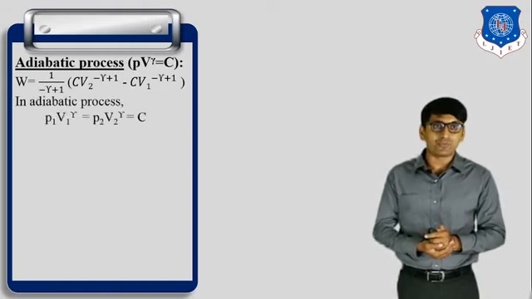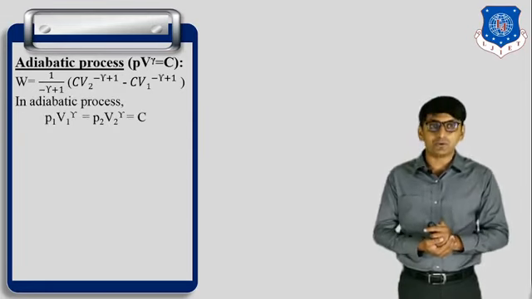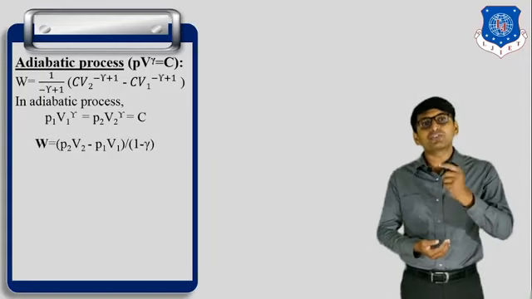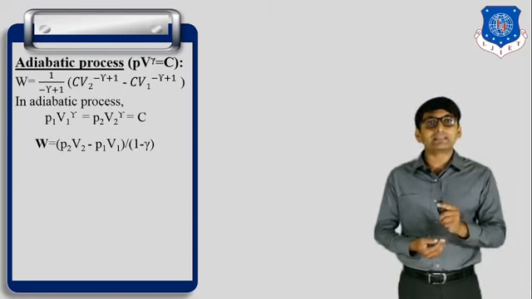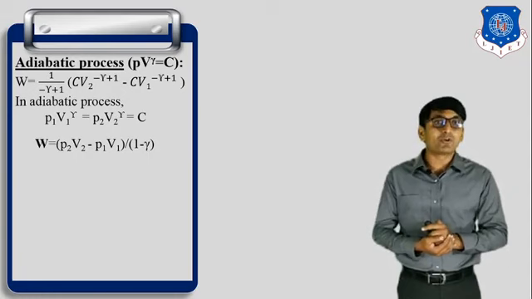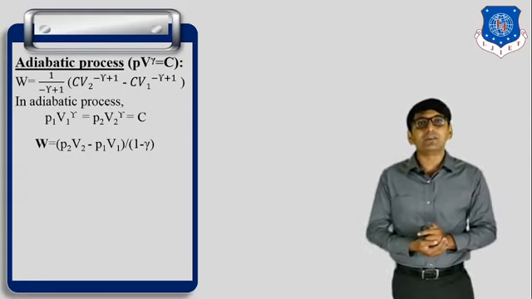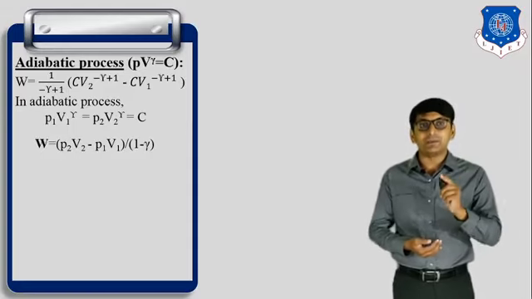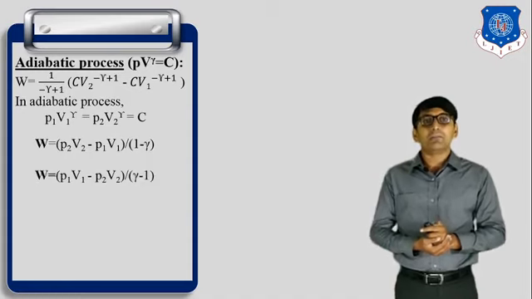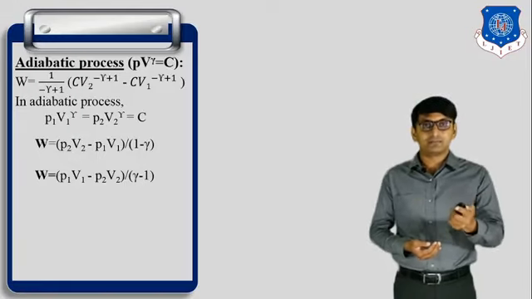In an adiabatic process, we know that P1 V1 raised to gamma is equal to P2 V2 raised to gamma is equal to C. So from the above step, if we put P2 V2 raised to gamma in place of the first C, and P1 V1 raised to gamma in place of the second C, we get W equal to P2 V2 minus P1 V1 divided by 1 minus gamma, which is equal to P1 V1 minus P2 V2 divided by gamma minus 1.